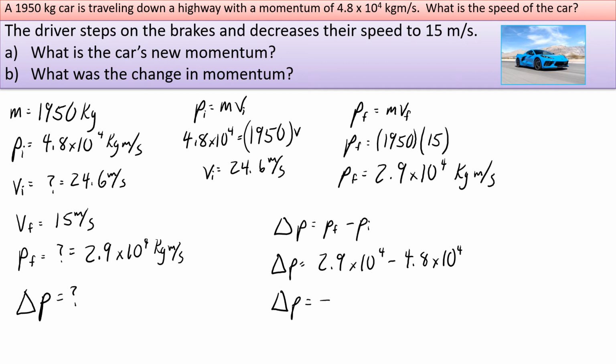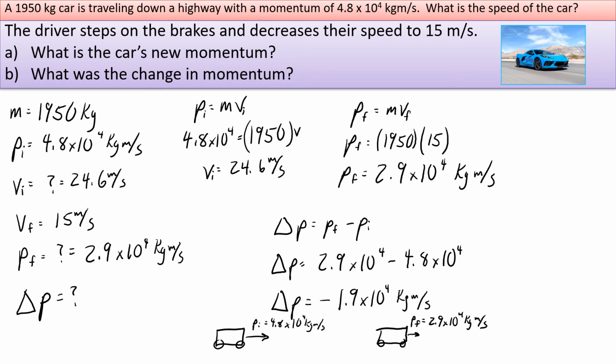Now remember, momentum is a vector quantity, so the negative does represent the direction here. So the negative 1.9 times 10 to the 4, and we could say kilogram meters per second. We were traveling to the right with an initial momentum, and then that momentum decreased.